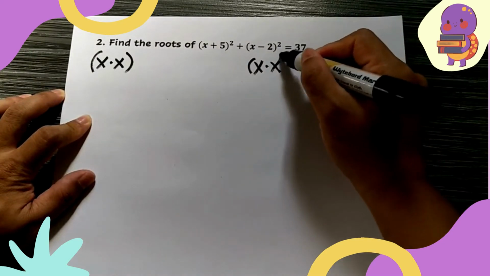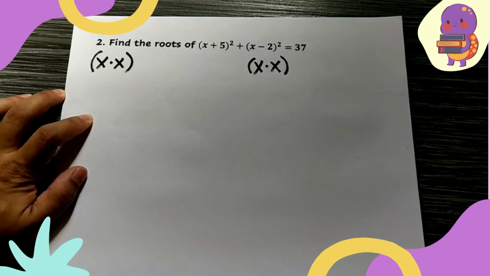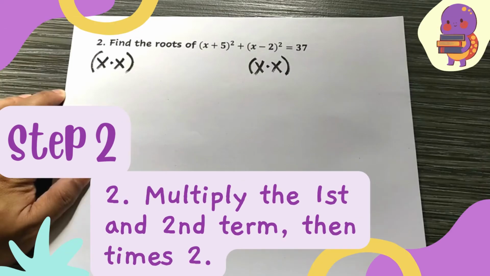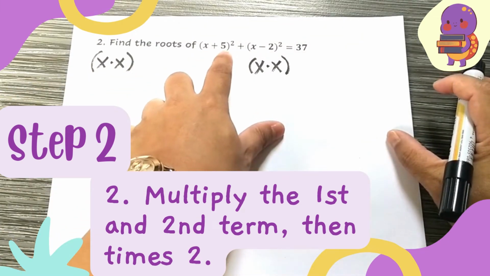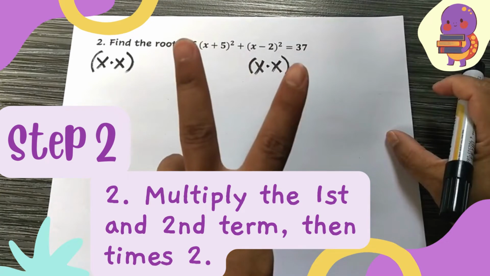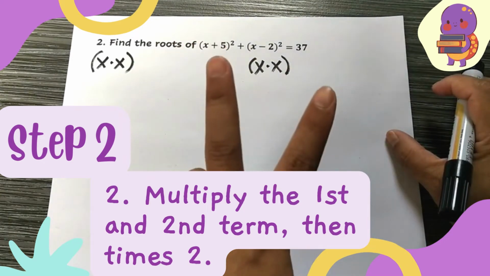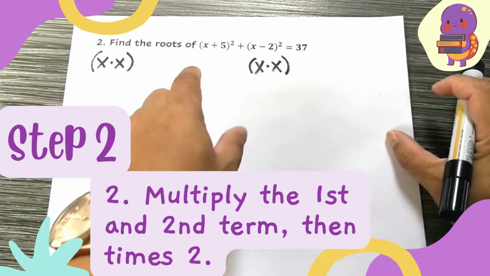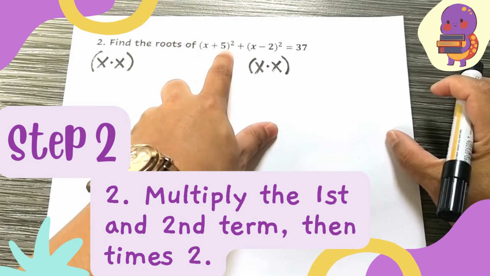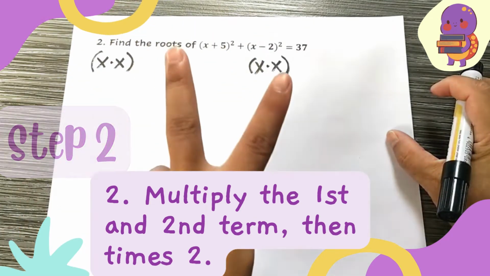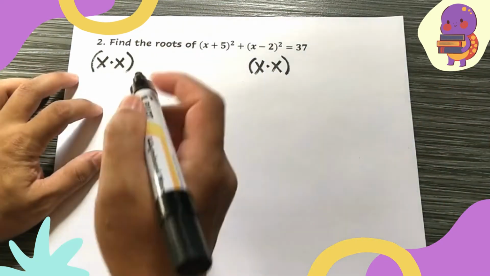Okay? Now, para sa second step natin ng square of binomial, we have to multiply the first and the second term, then times 2. So, that will be, paano yan?